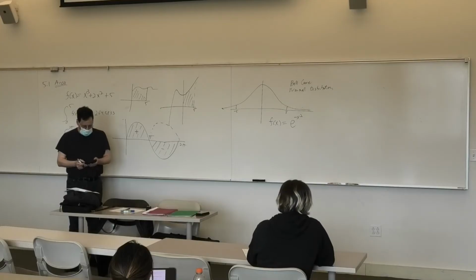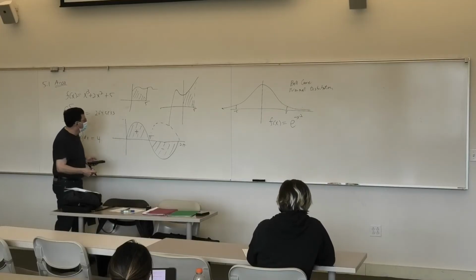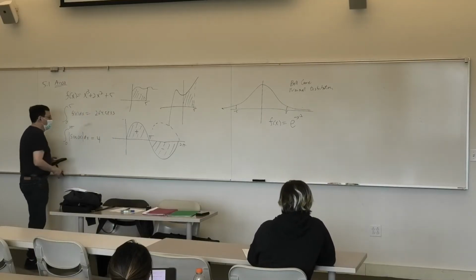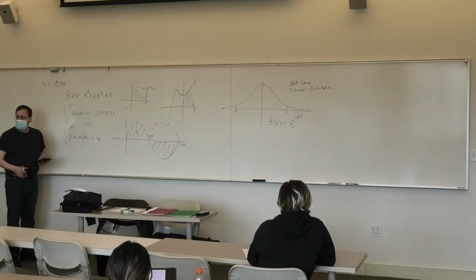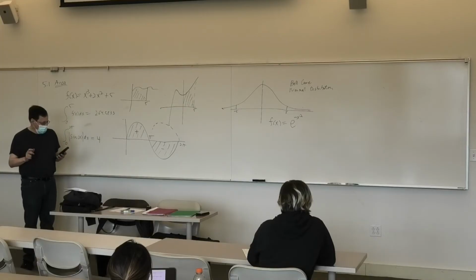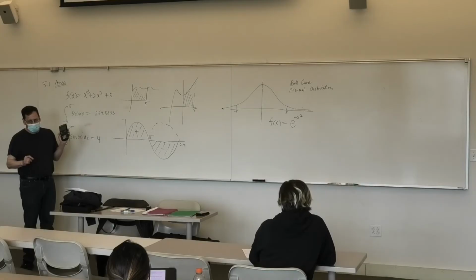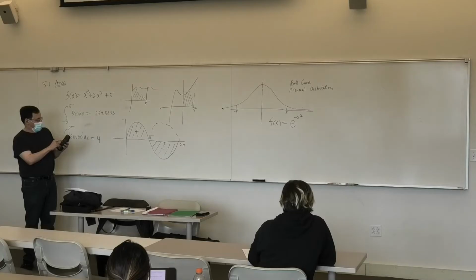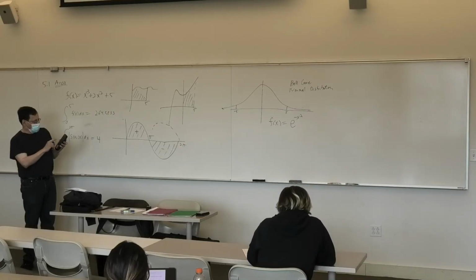How did you get the 2 pi into the upper limit? When I tried to do it, it just has like an error. Oh, okay. So, yeah, this is a calculator thing. Try this.